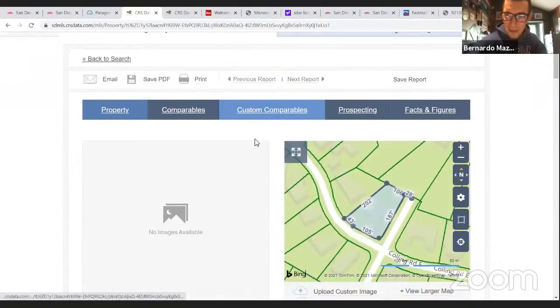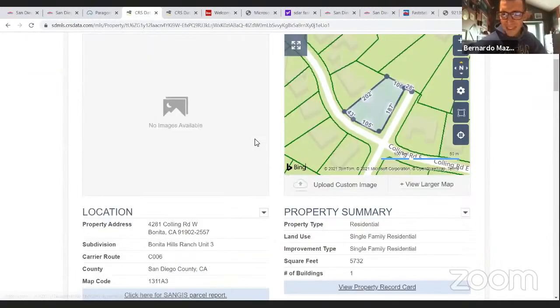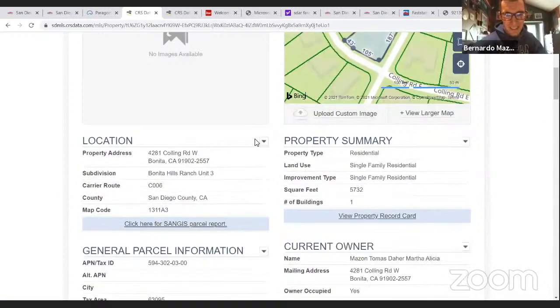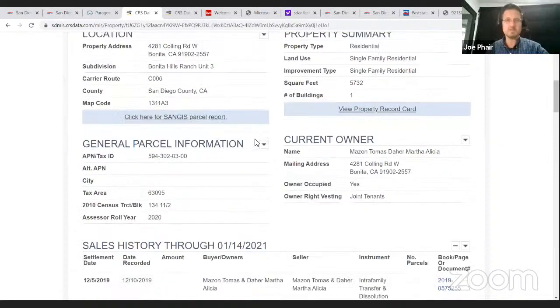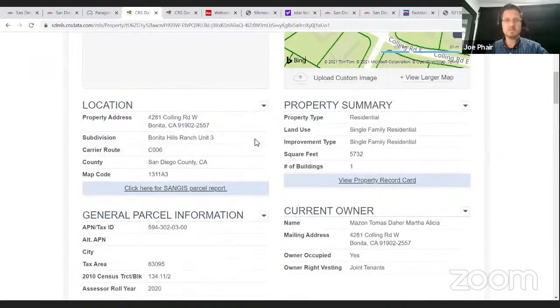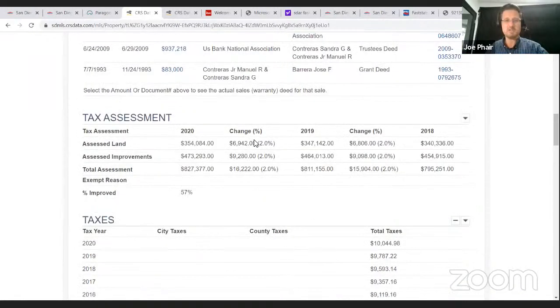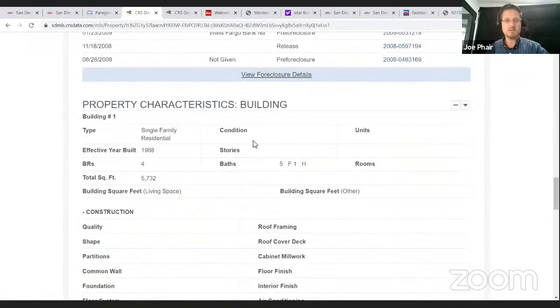Okay. So the lot size is 5,700 square feet. It's a 4-bedroom, 5 bath, 1 half bath.